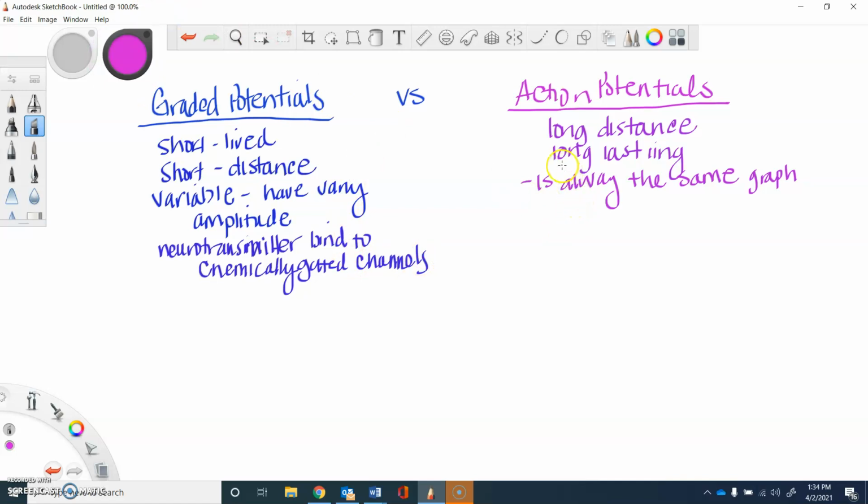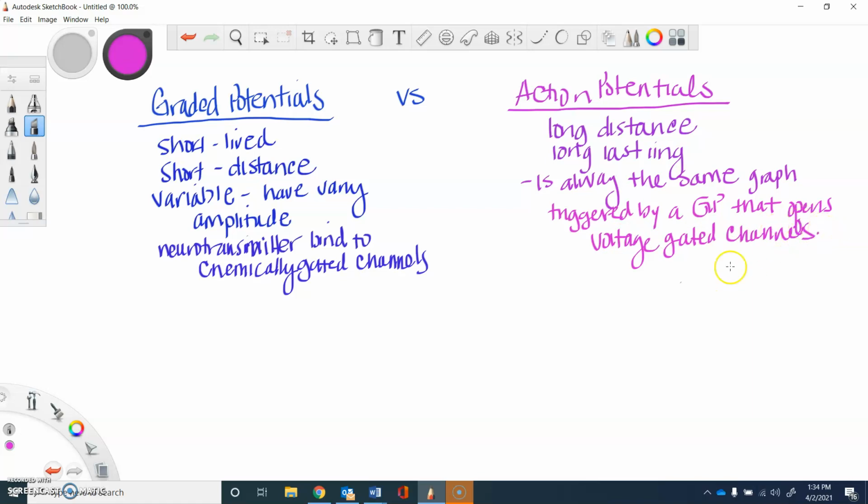Action potentials are triggered by a graded potential that opens voltage gated channels for sodium.